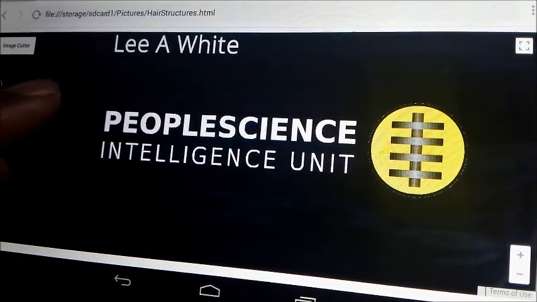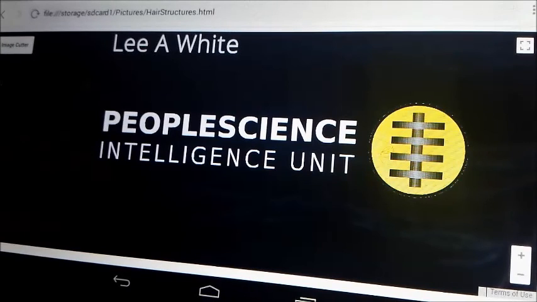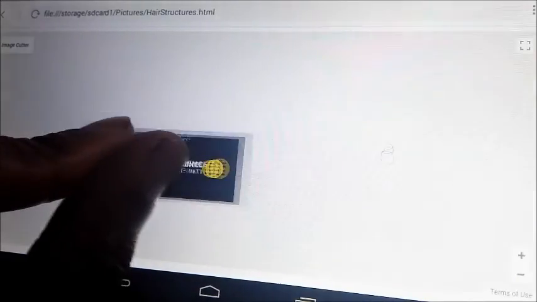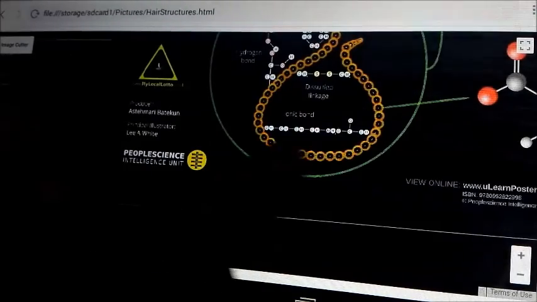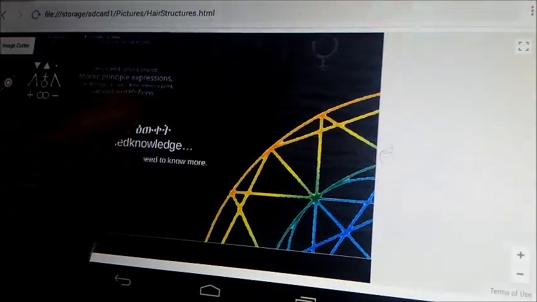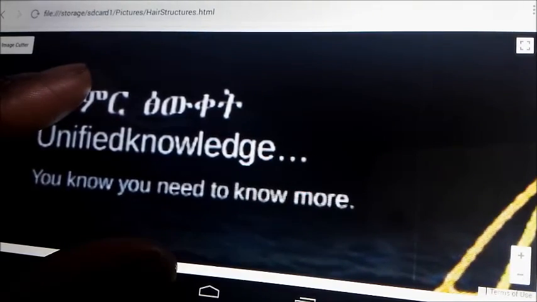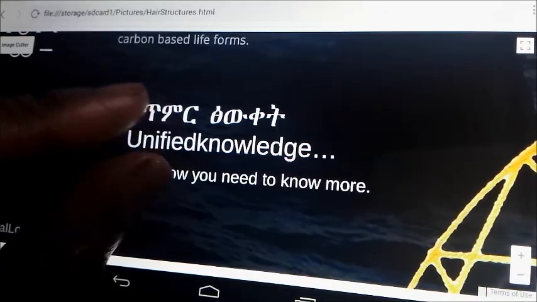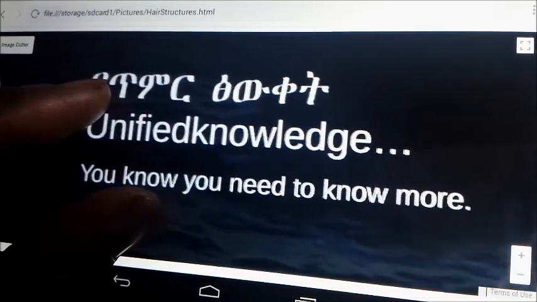The Ethiopian script says Yitmer Öket, which means unified knowledge in the Ethiopian language, in the Amharic language. Yitmer Öket, unified knowledge. This is a pedagogy, an approach to learning and teaching and education which sees the unity of art, mathematics, science, and that is best pursued through nature and story.